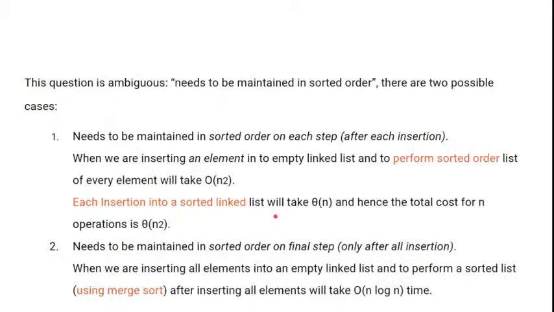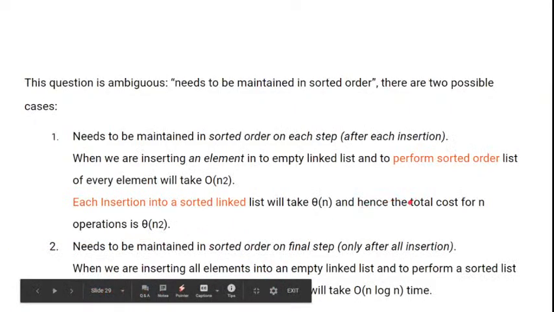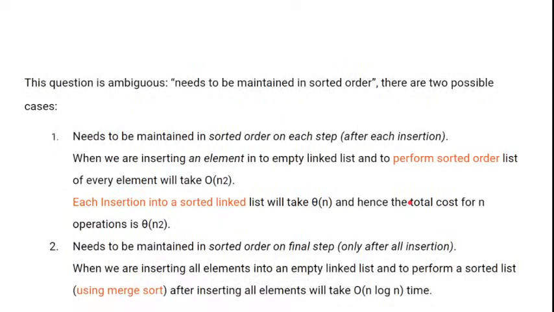So both the options can be correct, but officially they have mentioned O of n square as the correct answer. If we see both cases, when inserting n elements into an empty linked list maintained in sorted order, each element takes O of n and the total cost is O of n square.